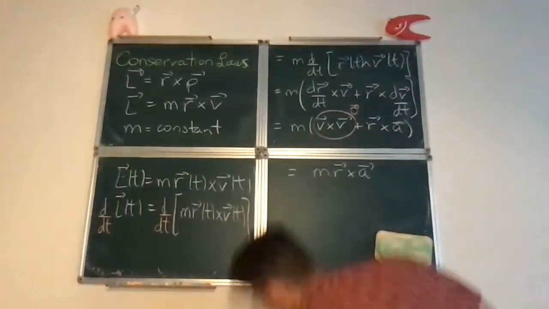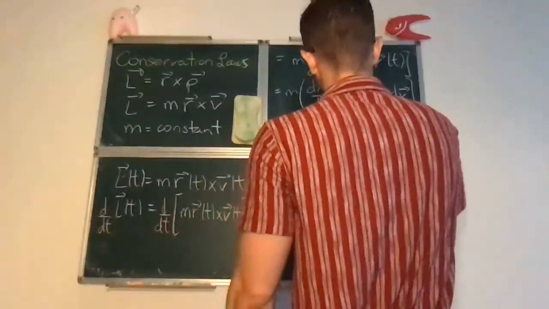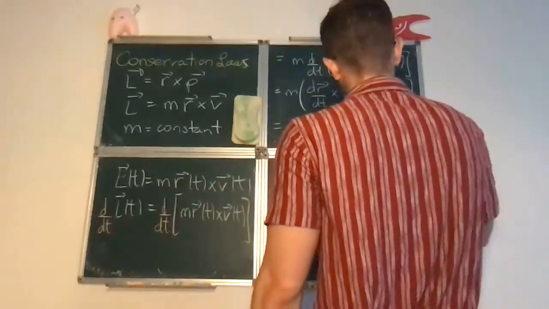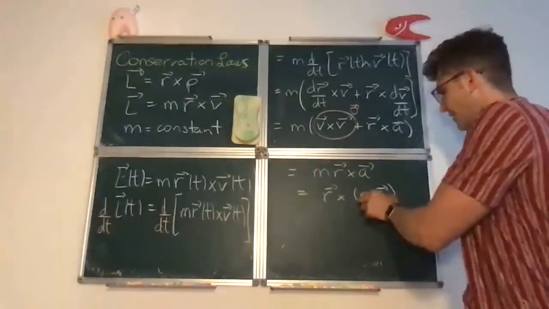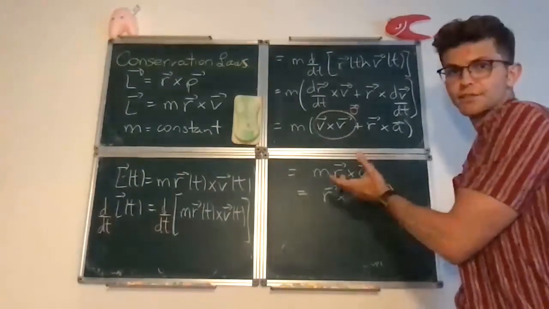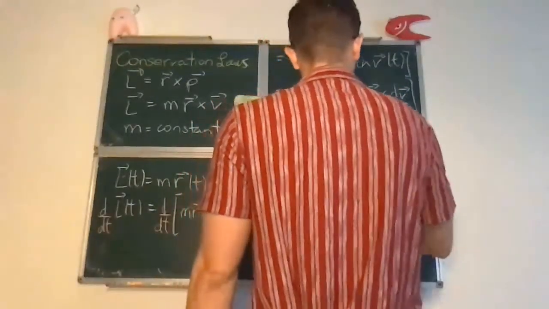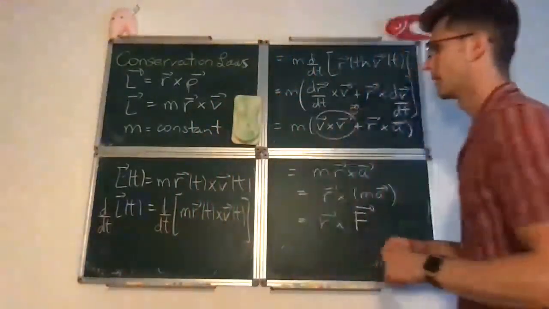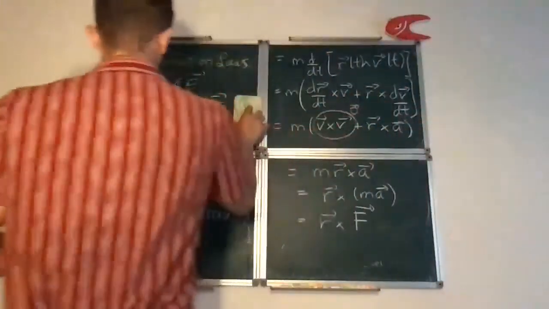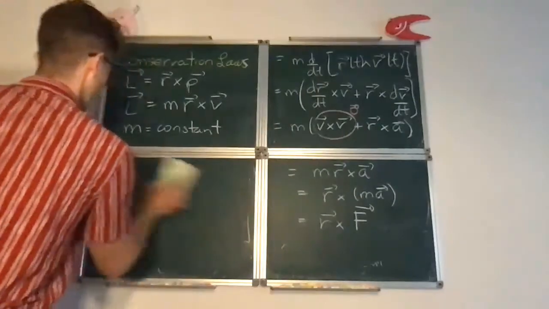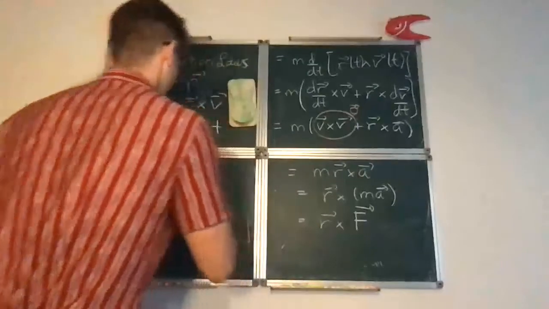But then you get r cross ma, and the reason why I'm rearranging it this way is that by Newton's second law, mass times acceleration is the force acting on a particle, so you get the net force, say, acting on a particle. So what we just found is that the time derivative of the angular momentum, and this is a completely general formula, right?